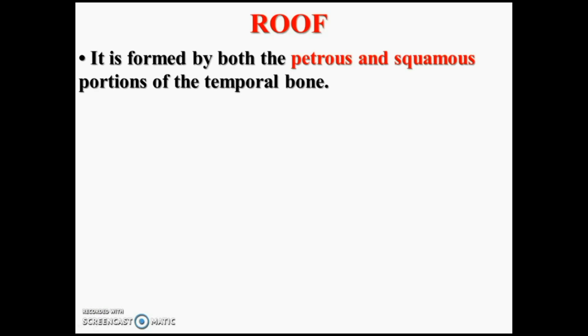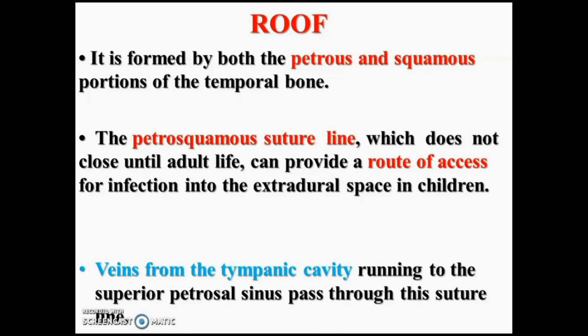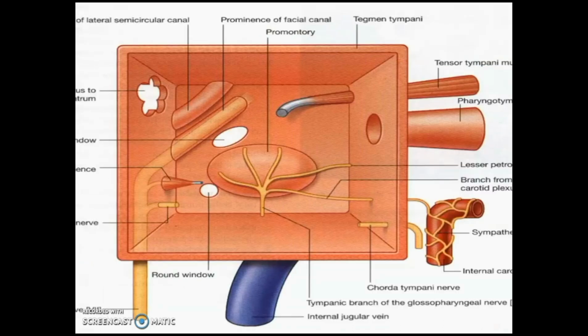It is formed by both petrous and squamous portions, and the petrosquamous suture line may not fuse until adult life and can provide a route of access for infection to the meninges and brain, and veins from the tympanic cavity run to the superior petrosal sinus via this route. You can see this is a schematic representation. Usually it will be sloping.